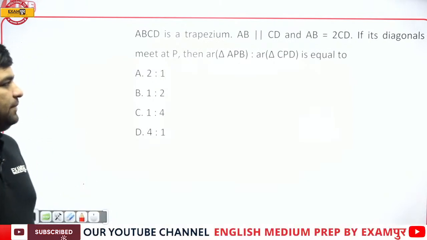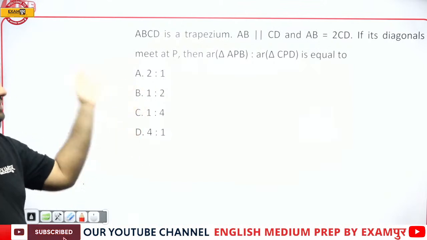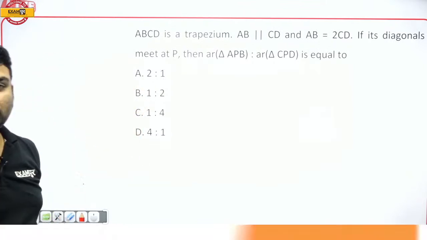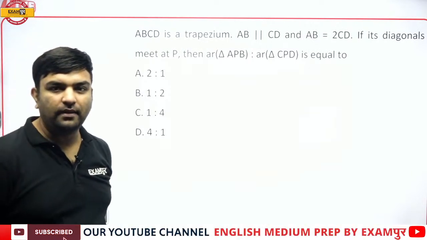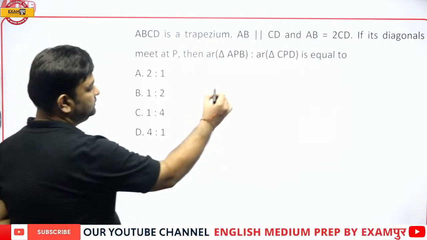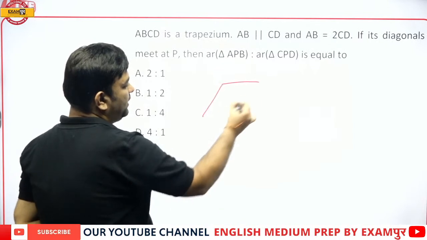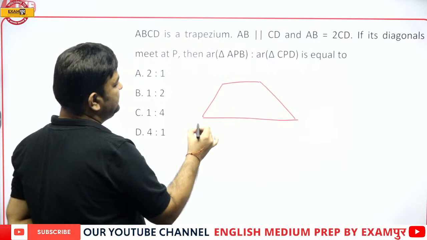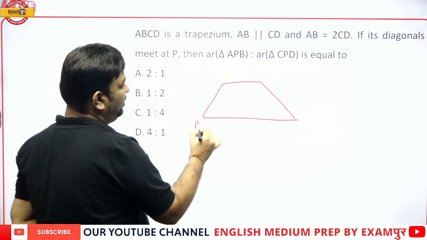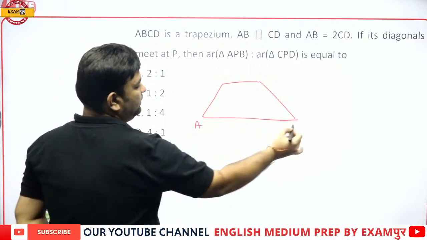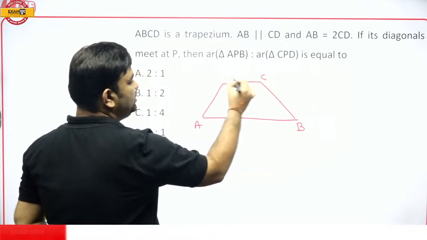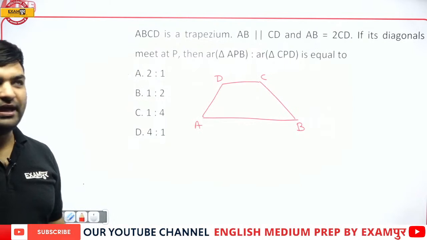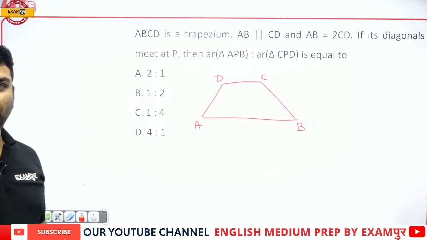ABCD is a trapezium. AB is parallel to CD. Now the trapezium has begun. How to draw a trapezium like this? In a trapezium, two sides are parallel to each other and two are non-parallel.